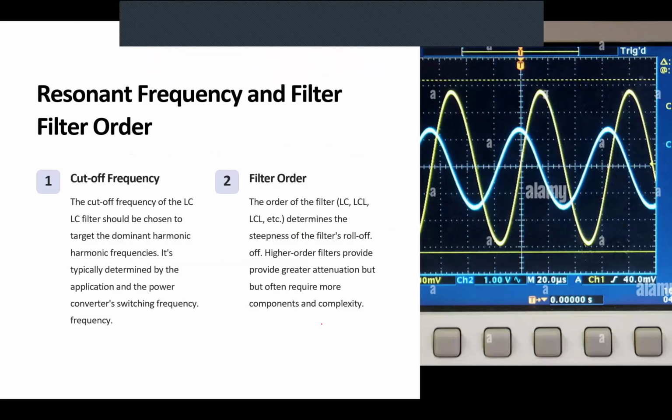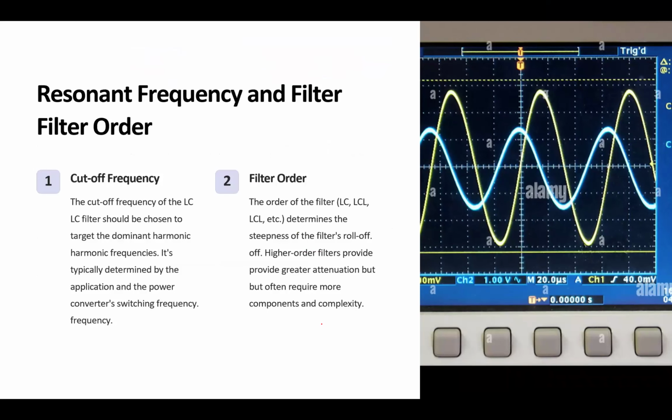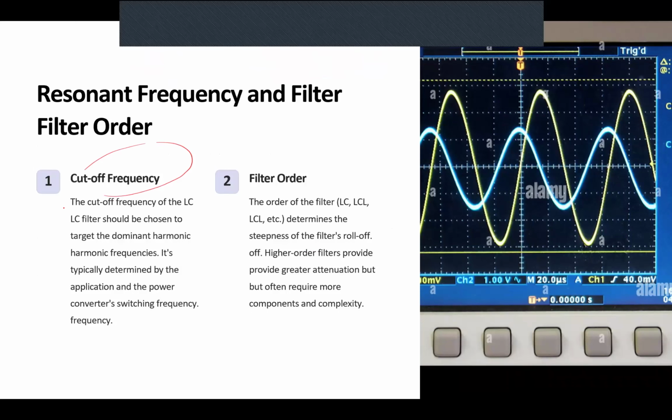Now that we know the rating of our capacitor or inductor, it's time for us to design the cutoff frequency. That was the threshold for passing and not passing the harmonics. We design our cutoff frequency, and this is the next step.